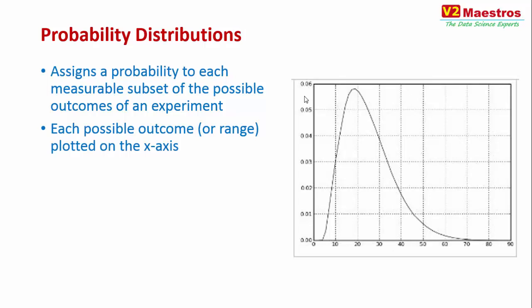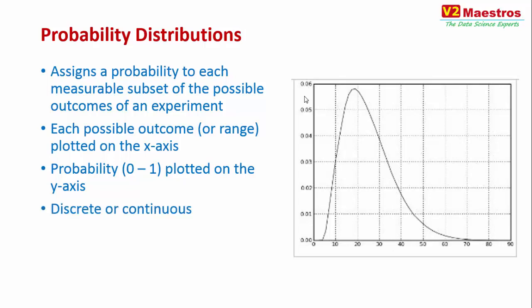So each possible range is plotted on the x-axis, which is, as we said, age 0 to 10, 10 to 20, 20 to 30. And then the probability that a particular age group occurs is plotted on the y-axis. Probability is always a value between 0 and 1. So if 30 patients out of 100 are of the age group 20 to 30, the probability of 20 to 30 is 30 by 100, and that is 0.3.